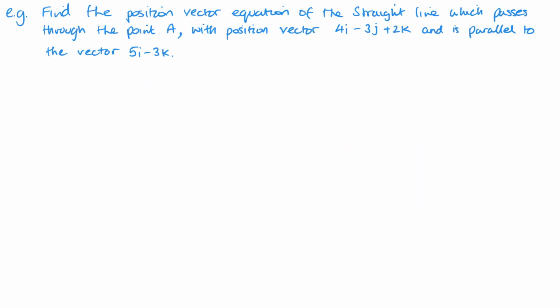So straightforward example here, we have a straight line passing through the point A with position vector 4, minus 3, 2, and is parallel to this vector. So we can see that A is 4, minus 3, 2, and B is 5, 0, minus 3.